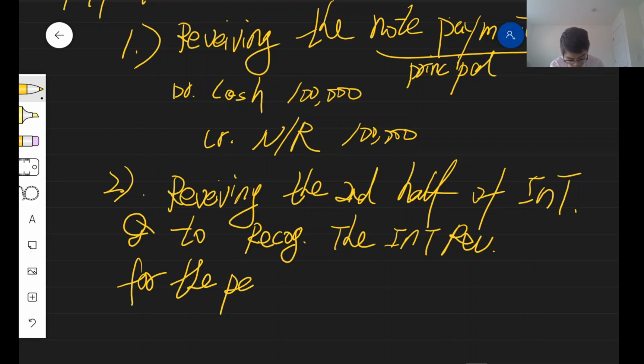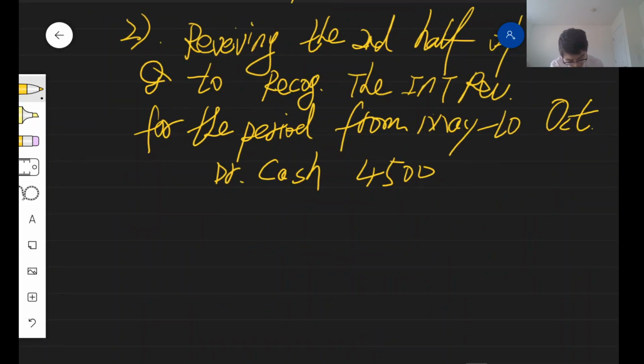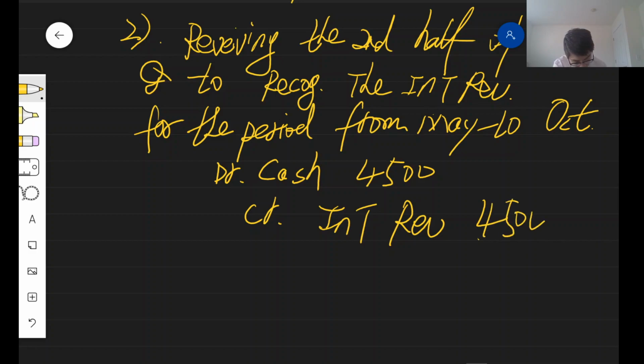for the period from May to October, which is debit cash for $4,500 and credit interest revenue for $4,500.